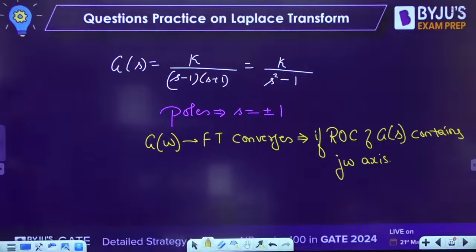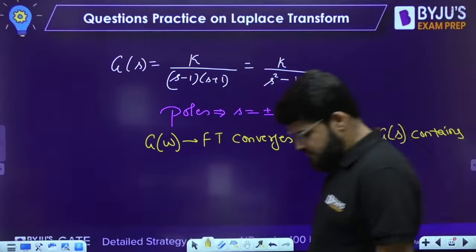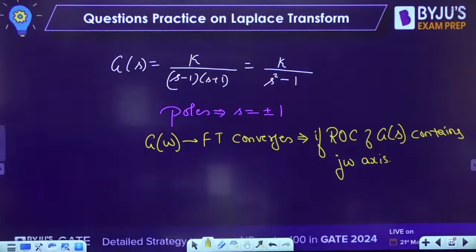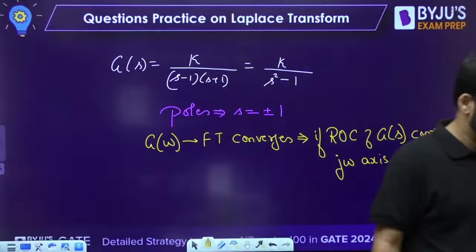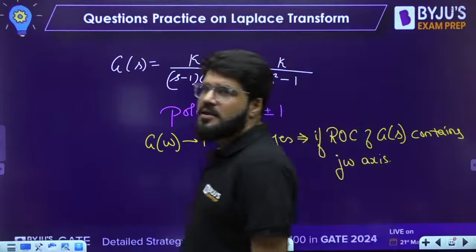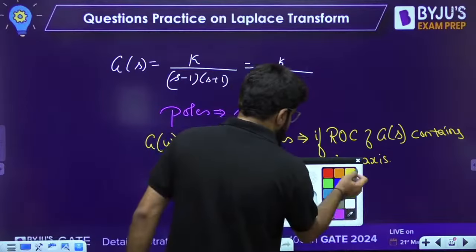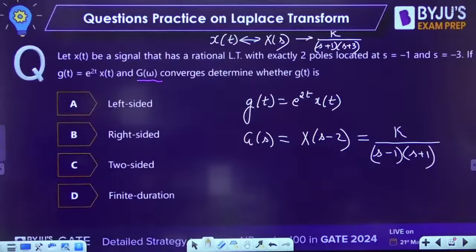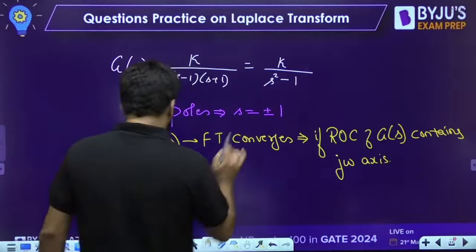If the ROC contains the imaginary j omega axis, ठीक है? That is when G(omega) exists. Now, for the ROC to contain the j omega axis, poles bhi mujhe pata hai.